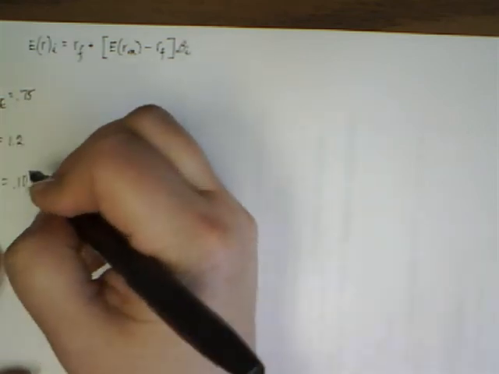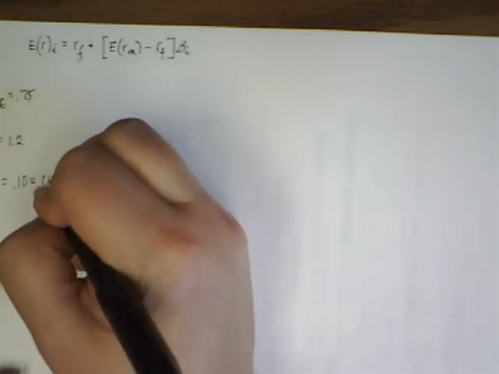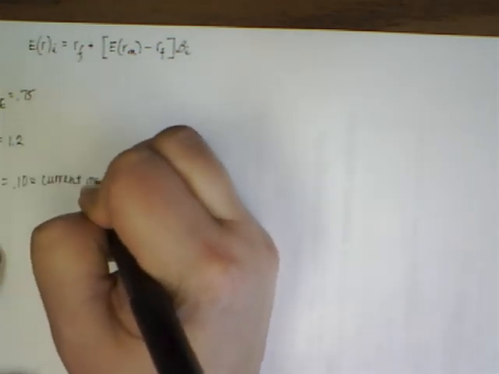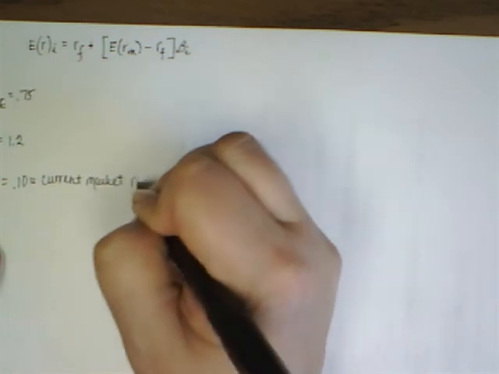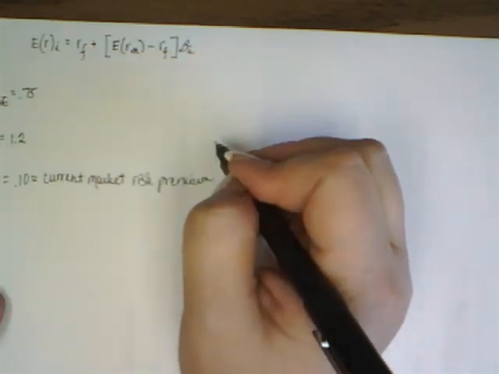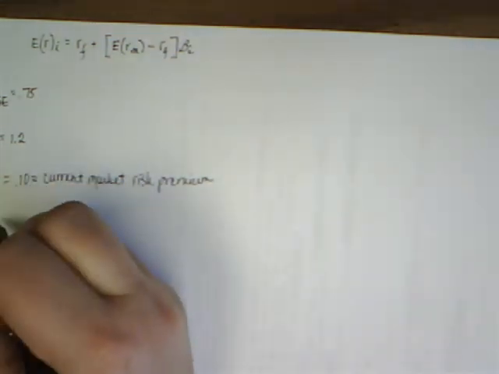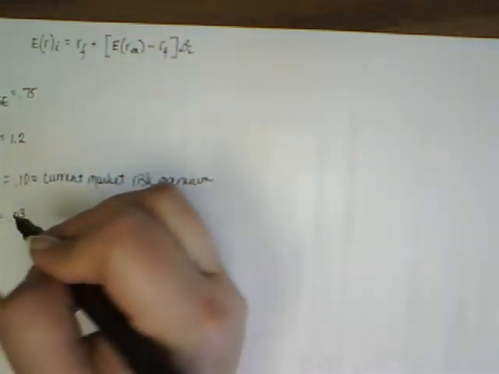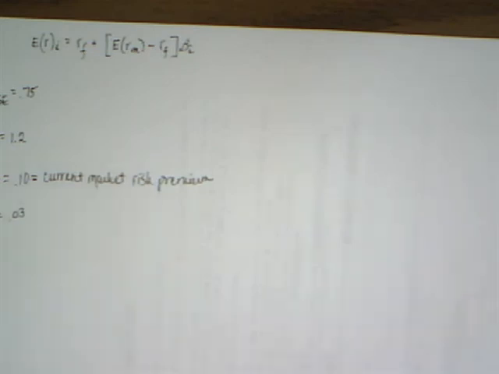Now keep in mind that this is also the current market risk premium. And the current risk-free rate is 3%. Okay, so sounds like it's gonna be pretty complicated, but it's really pretty straightforward.